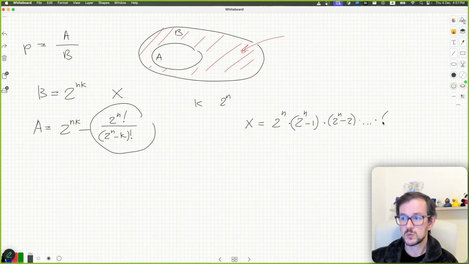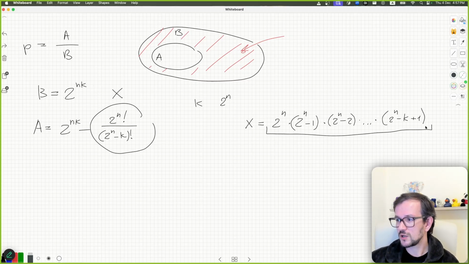The last one has 2 power n minus k plus 1, right? So that's your total number of ways when all people have different birthdays. That's basically it. So I will replace it with x.